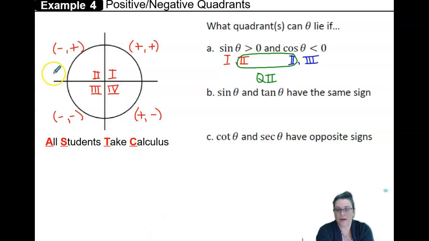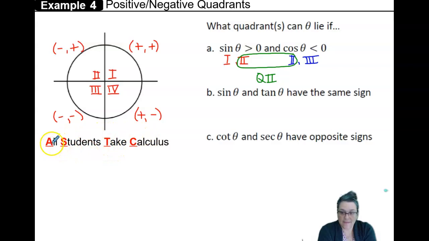Having to reason that out every time, which quadrants have a positive x, a positive y, negative x, negative y, and so on, can be very time-consuming. So this acronym, All Students Take Calculus, can help speed up the process of identifying quadrants where trig functions are positive or negative.